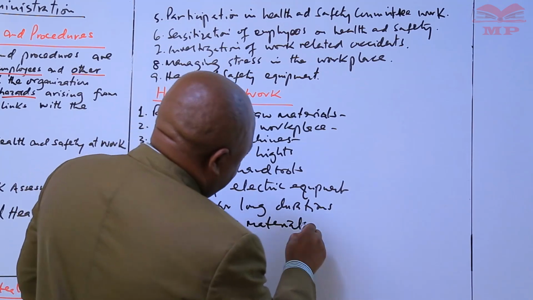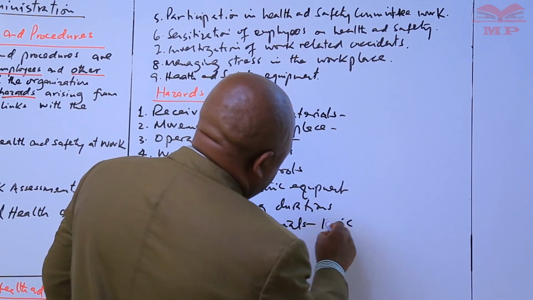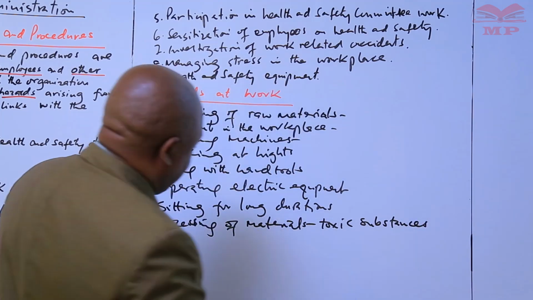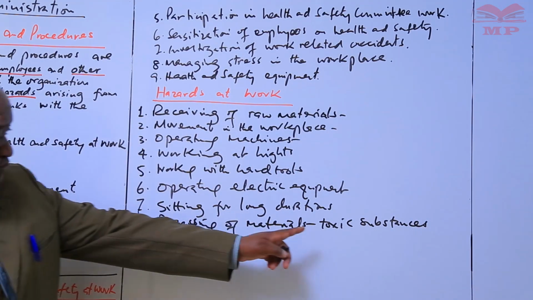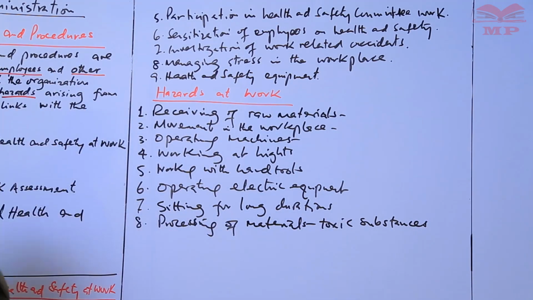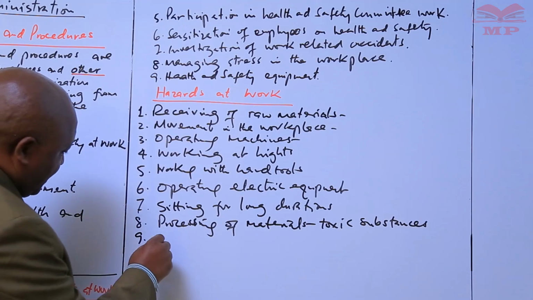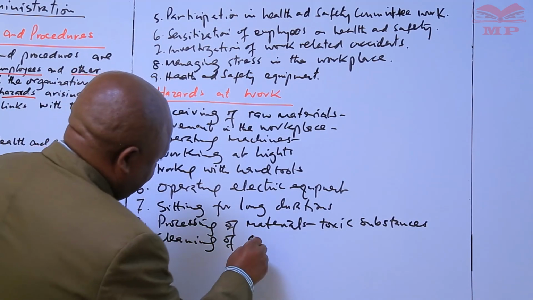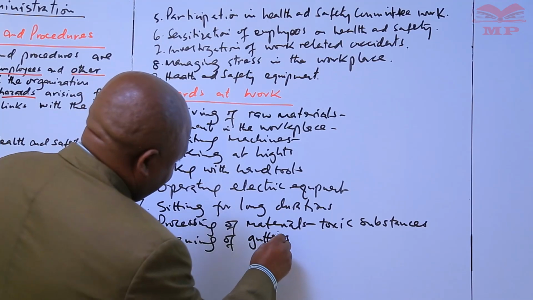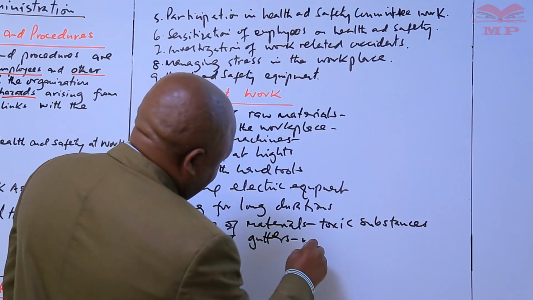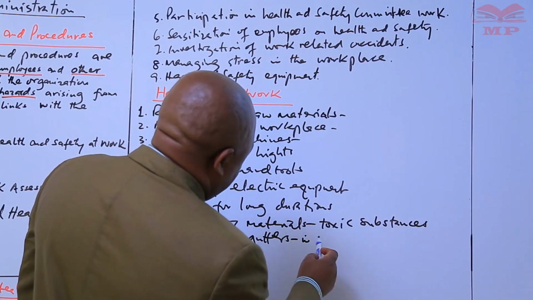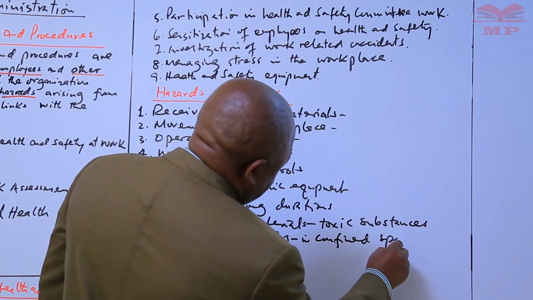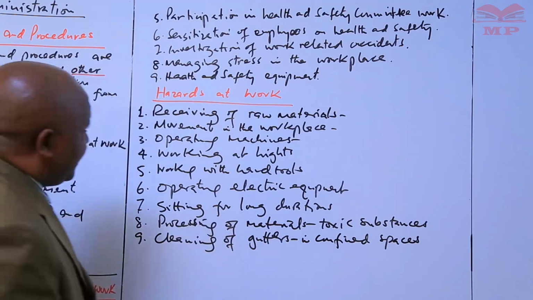Now, these materials could lead to toxic substances. When materials are being mixed, those materials could create some toxic substances. Then there is also cleaning of gutters. So employees cleaning gutters in confined spaces, that again could be a hazard.